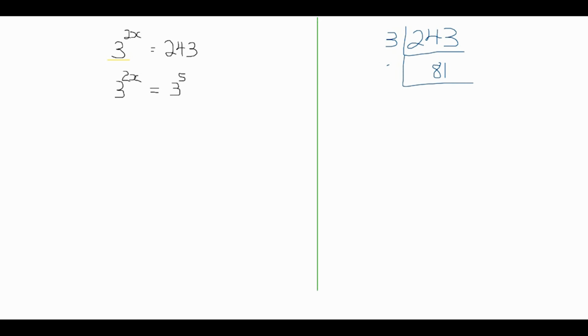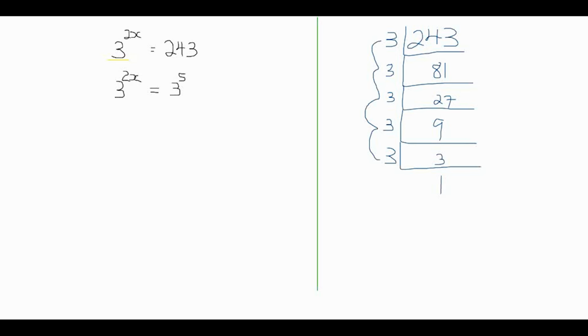Then this is also divisible by 3, so I'll divide it again by 3, and I'll get 27. And then I'm going to divide yet again by 3, because this is still a multiple of 3. And I'll get 9. And still, it's a multiple of 3, so I'm going to divide again.